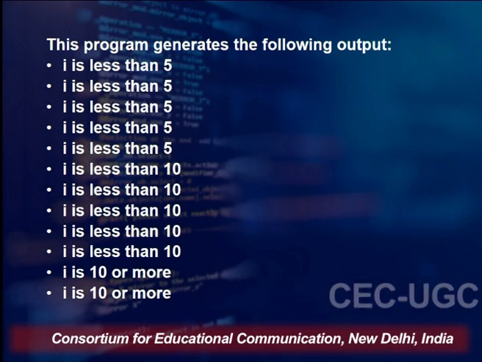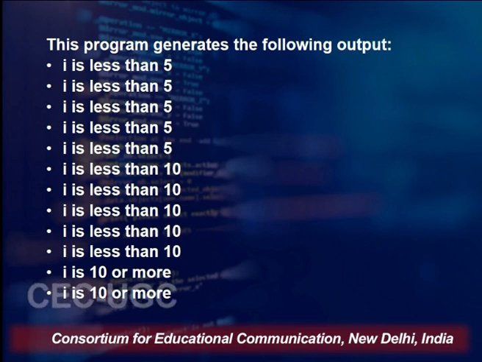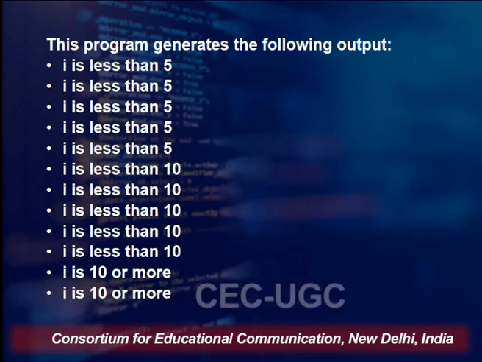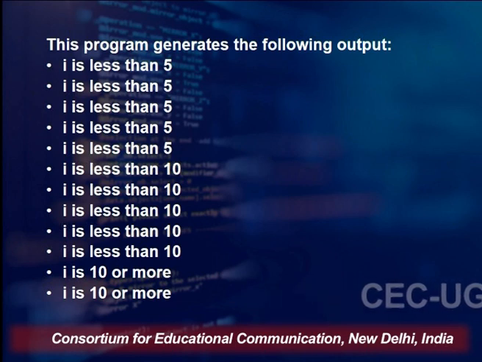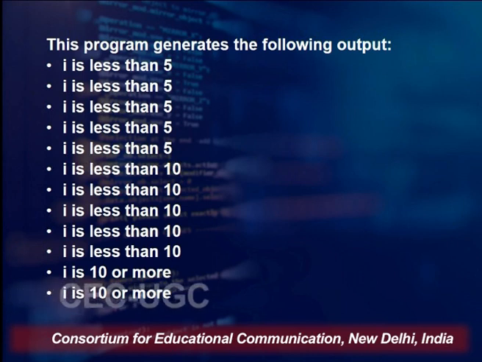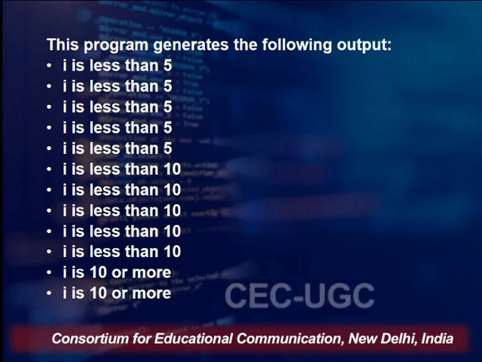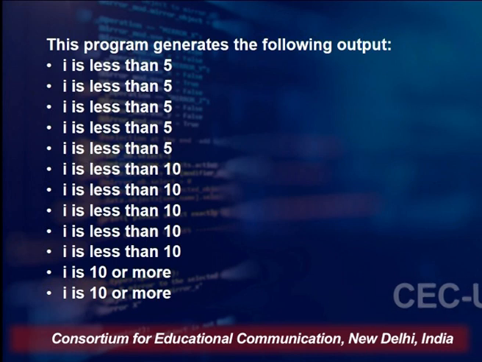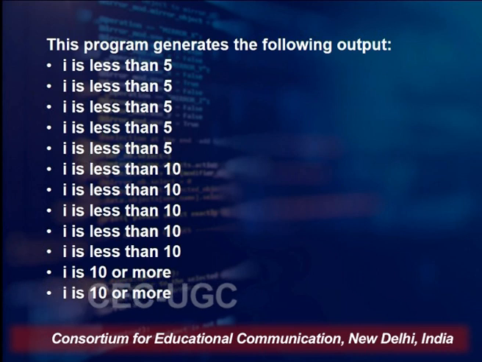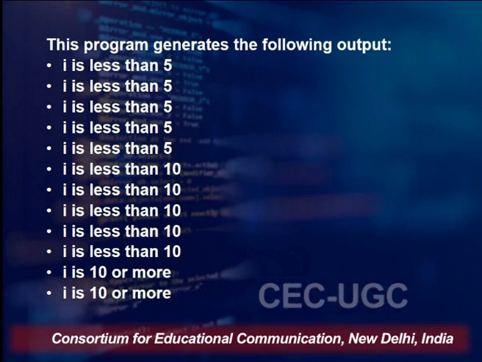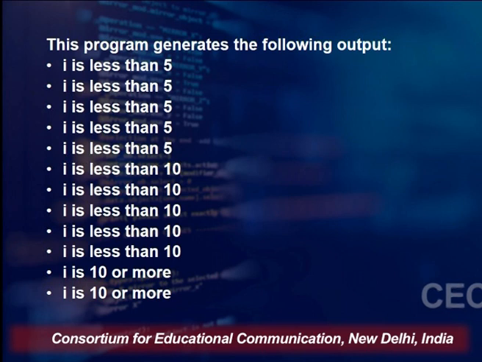So, as far as the output of this program is concerned, it is going to give I is less than 5, this statement 5 times, which is for 0, 1, 2, 3 and 4. Then I is less than 10 will be printed 5 times for all values of 5, 6, 7, 8 and 9, and then for the value of 10 and for the value of 11, because the stopping condition in the for says I should be less than 12.